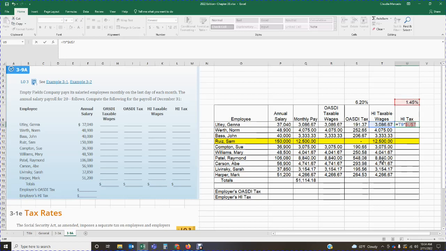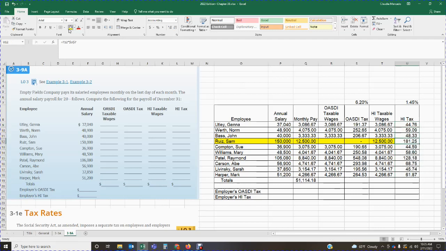All of my calculations are basically going to get the taxable wages times that rate, and that rate cell is going to be anchored. That way all of the calculations refer back to it. So your HI tax formula should be the HI taxable wages times the rate, and then you anchor the rate. That will give you a dollar amount. Once you do the formula for the first one, you get this little box on the corner and just bring it down.